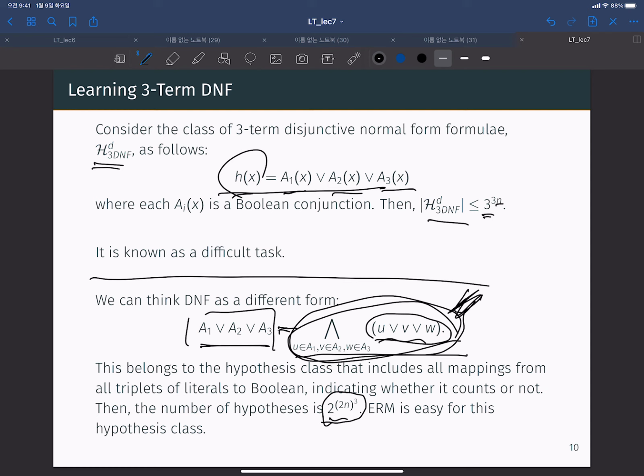And using the superset, since the number of hypothesis members increases, people might think the ERM becomes more difficult. But very interestingly, we can more easily design an efficient rule for this hypothesis class.